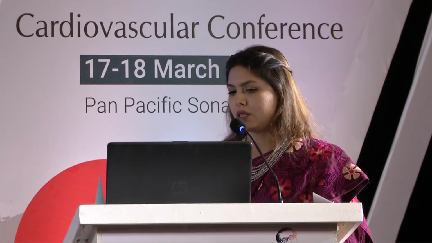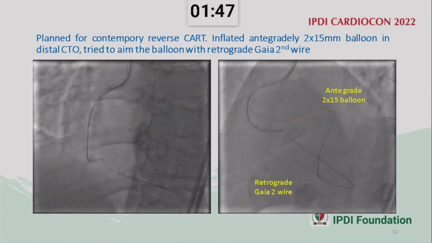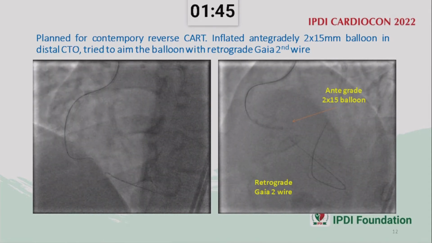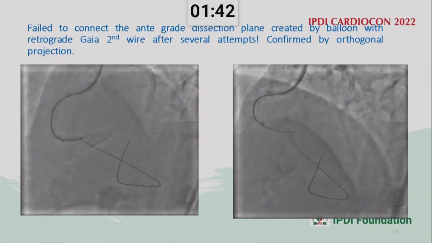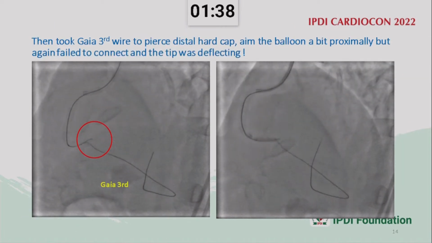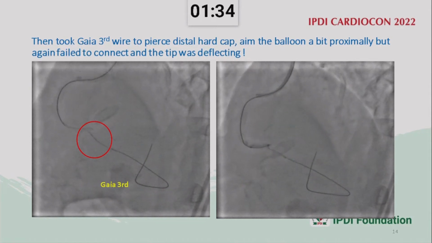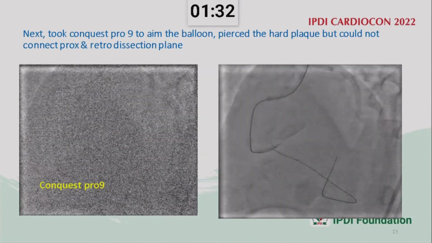So we inflated antegradely a 2 by 15 millimeter small balloon and tried to aim the balloon with the retrograde Gaia Second wire. But the Gaia Second wire failed to pierce the plaque, and we escalated rapidly to the Gaia Third wire. Even that was failing and wasn't getting any nearer to the antegrade balloon.